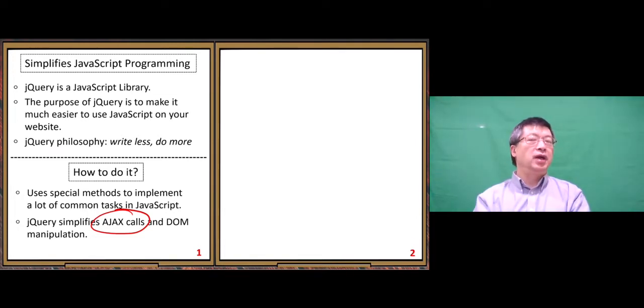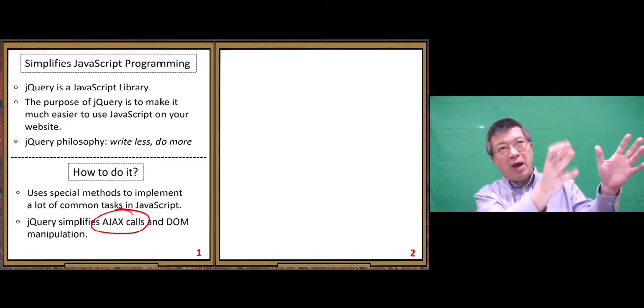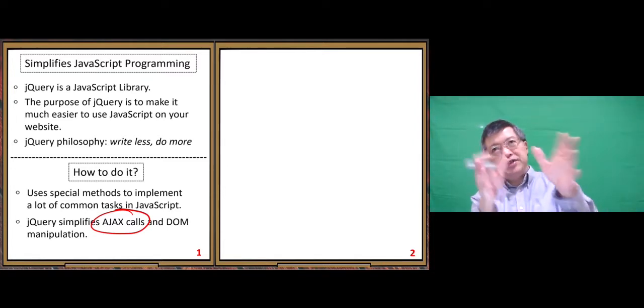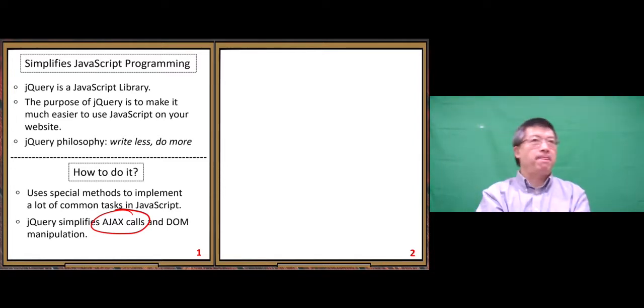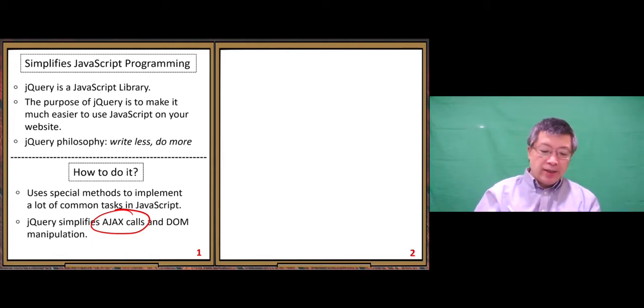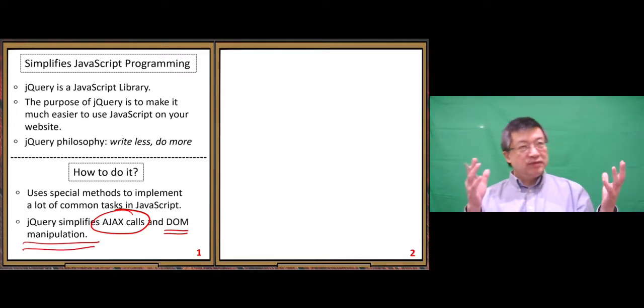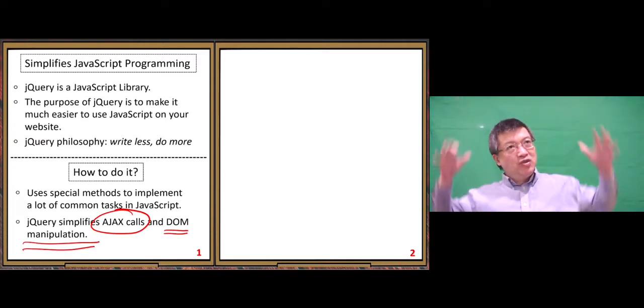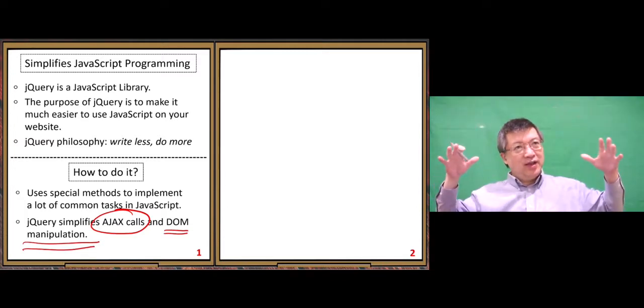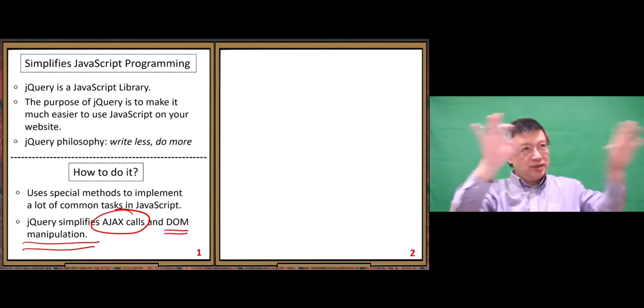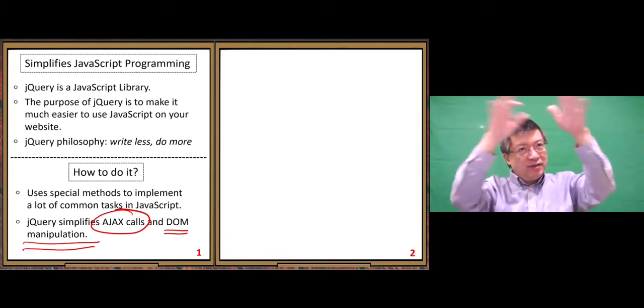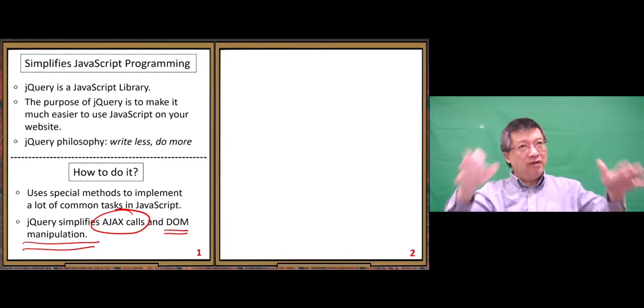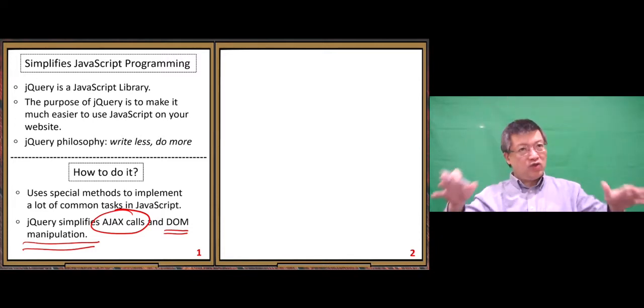After we learn XML and JSON, then we learn AJAX. Then the DOM manipulation. You know the DOM concept, that tree, right? Many elements organized by different levels, hierarchy, structure.